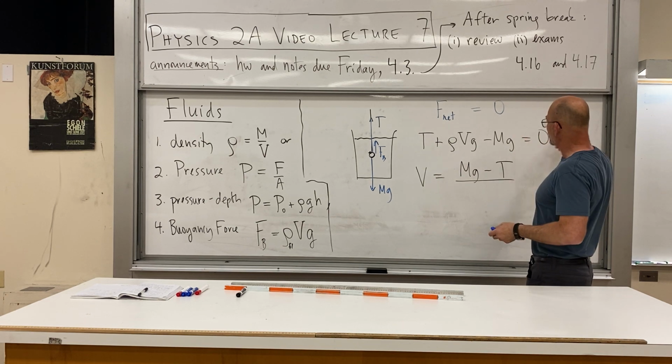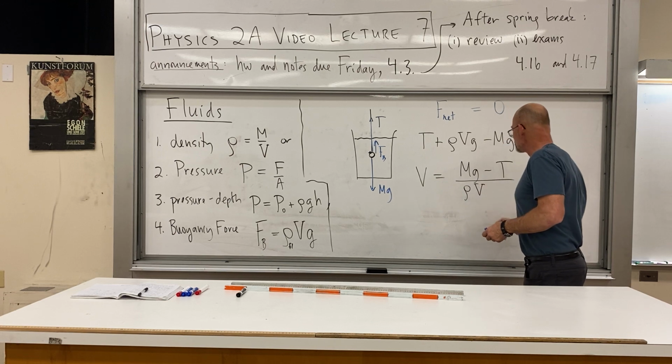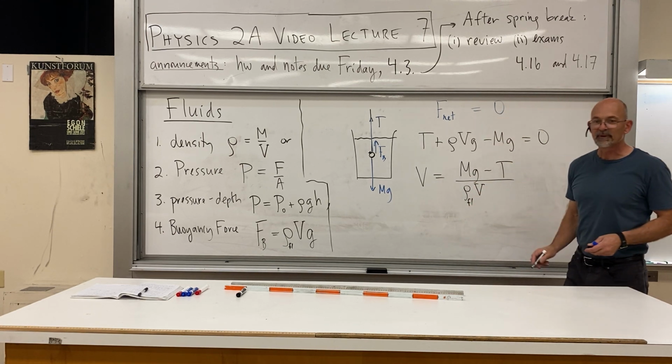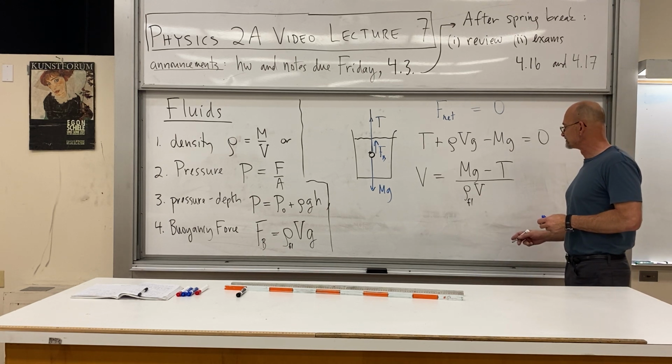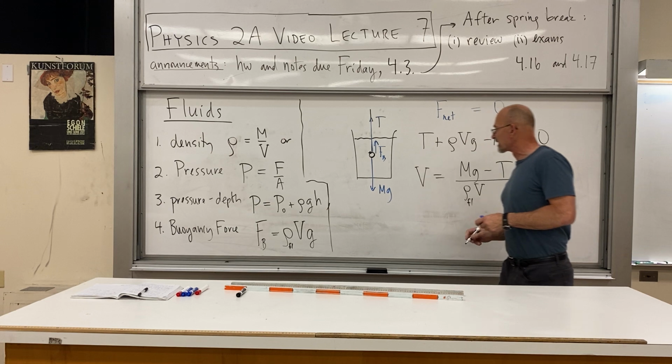Then since we brought that over, we just have to divide by rho and g. And this rho is the rho of the fluid we're immersed in, typically water, but not necessarily. And so that's the volume of the object.